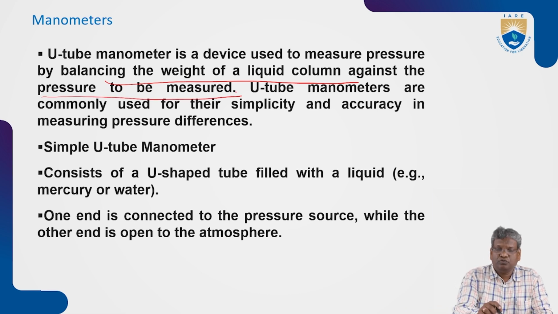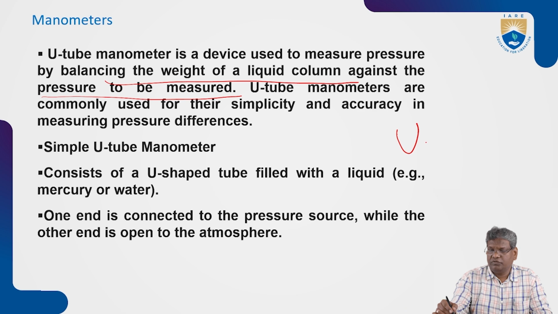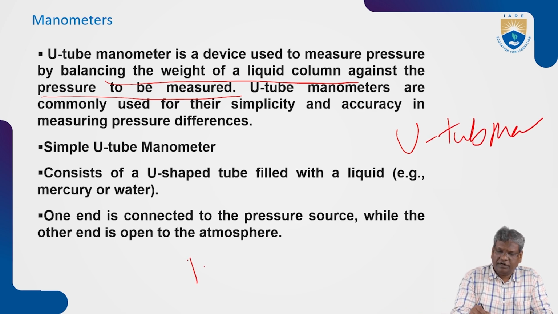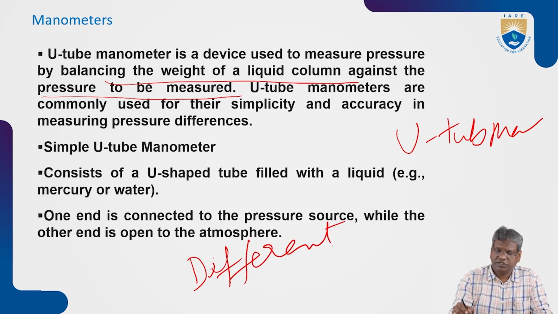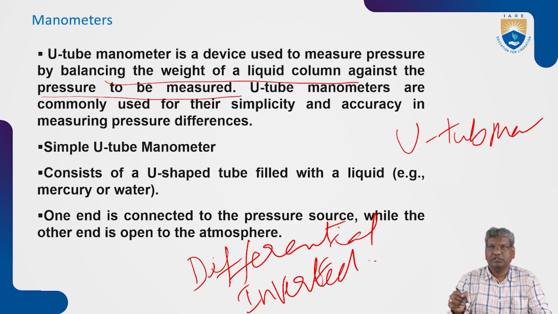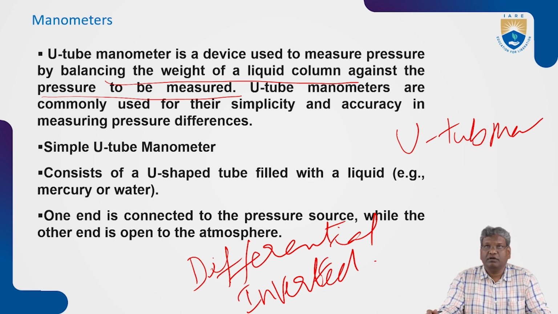We will have the U-tube manometer, the differential U-tube manometer, and the inverted differential manometer. We'll see them one by one. A U-tube manometer is a device used to measure pressure by balancing the weight of a liquid column against the pressure to be measured.